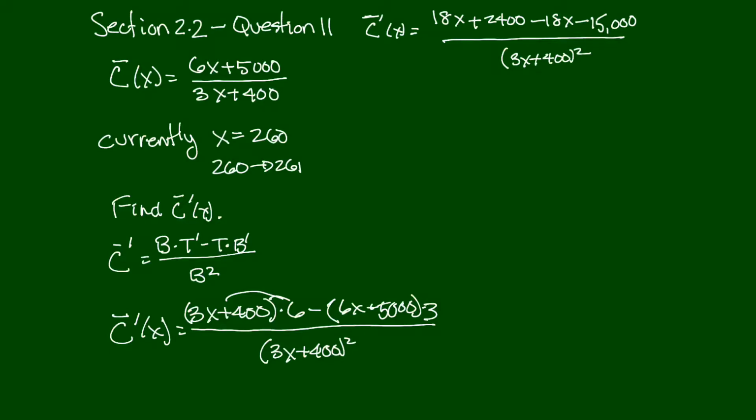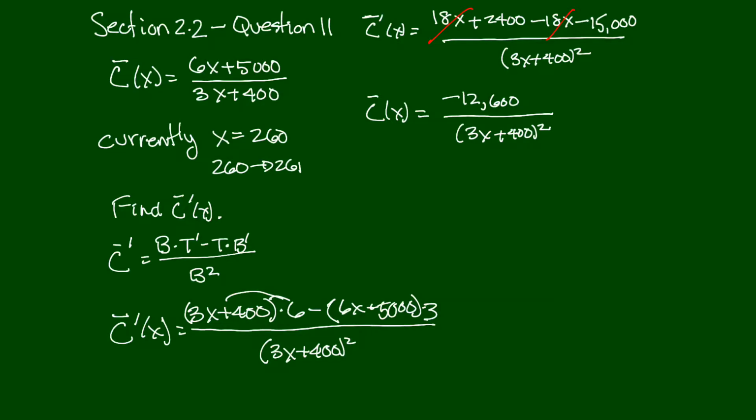And now you can see on the top here that 18x and 18x, that's gone. So now what are we going to have? C bar prime of x is going to be positive, I'm up here now, 2,400 minus 15,000. My calculator shows that to be negative 12,600 over 3x plus 400 squared.